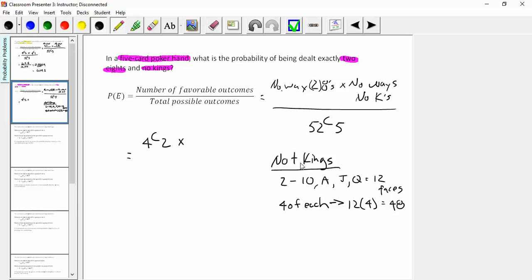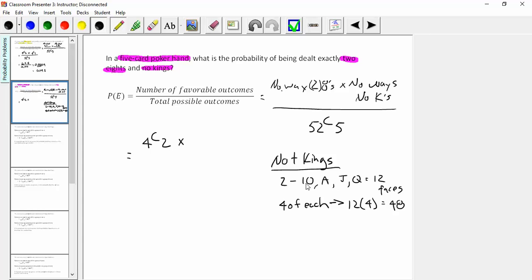All right. So it would seem that the way to select our no kings is, let's see, we did 2 8s, which means we need 3 non-king cards. Am I right on that? Yes. But there's one other trick, and here's the one that you might be missing. Included in this 2 through 10 is the number 8. But we've already dealt with the 8s.